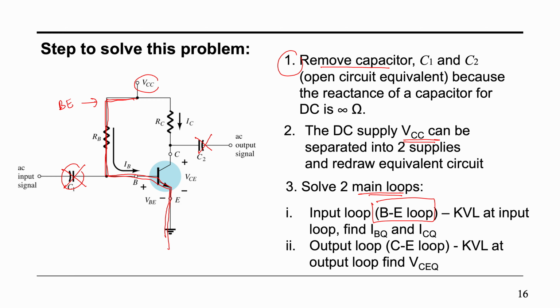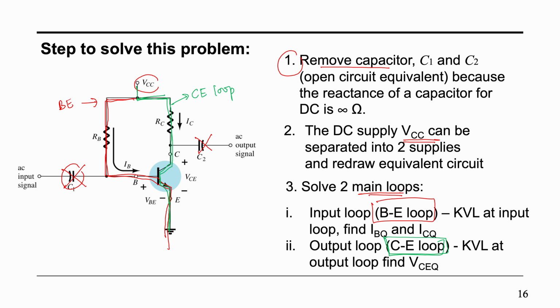Another one is the CE loop. So where is your CE loop? Here is your CE loop, from here to here, here and here. So this is your CE loop.